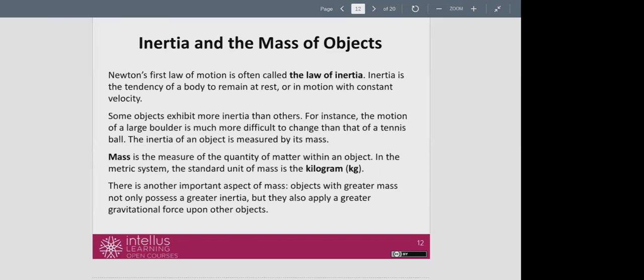And objects with more inertia can put up a bigger fight, if you will, to continue doing whatever they're doing and not have their motion altered or changed. Okay. And so we'll see on Wednesday that these objects that have more mass and more inertia also have a greater gravitational force when they interact with other objects.